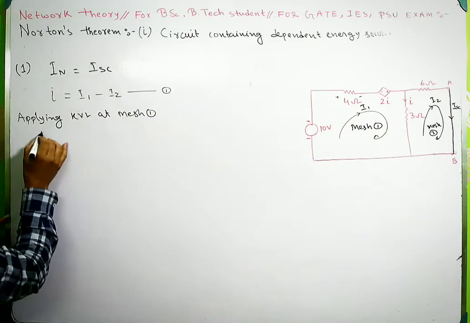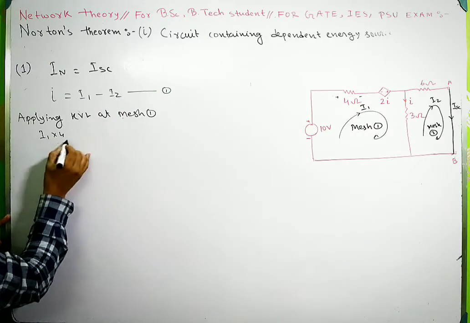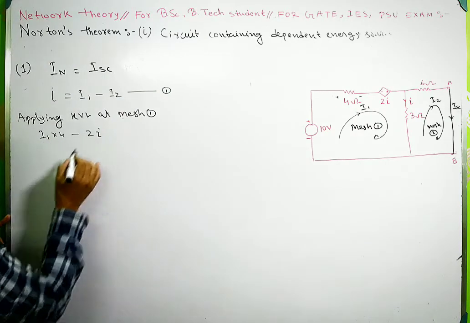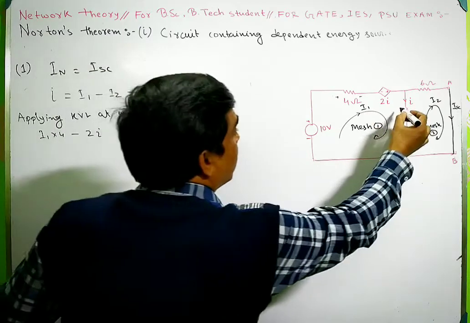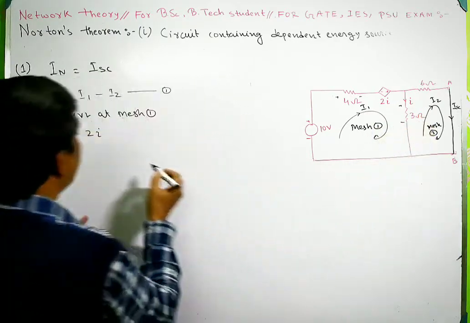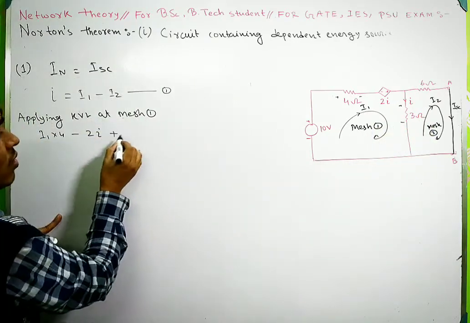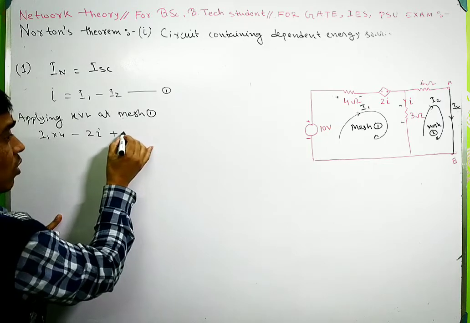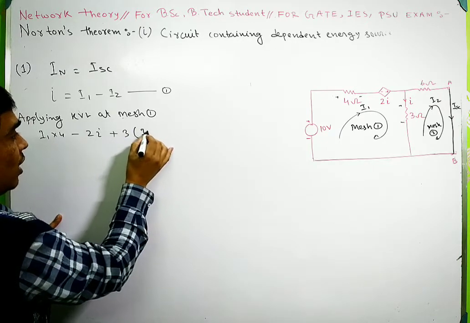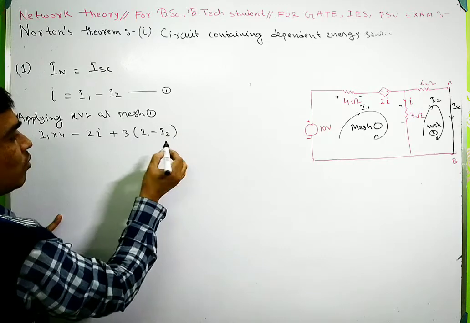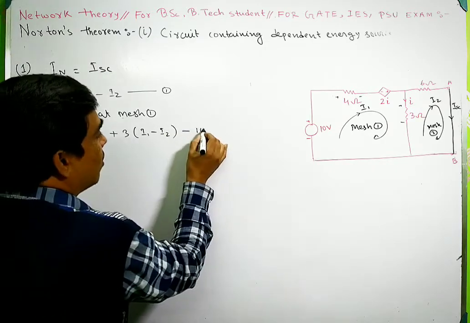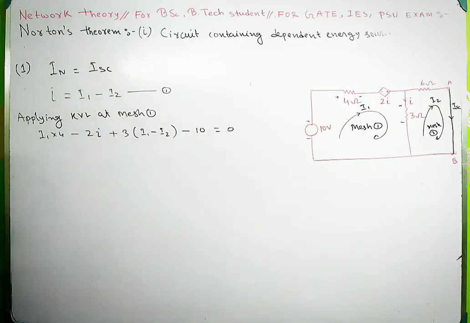So I1 into 4 minus 2I plus 3 into I1 minus I2 minus 10 equals 0.